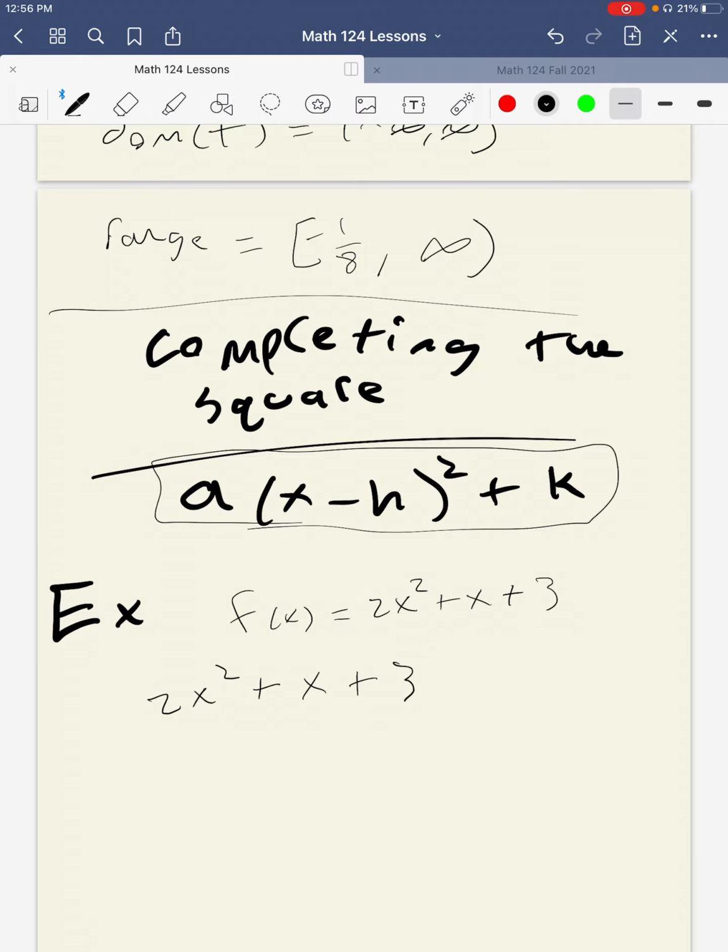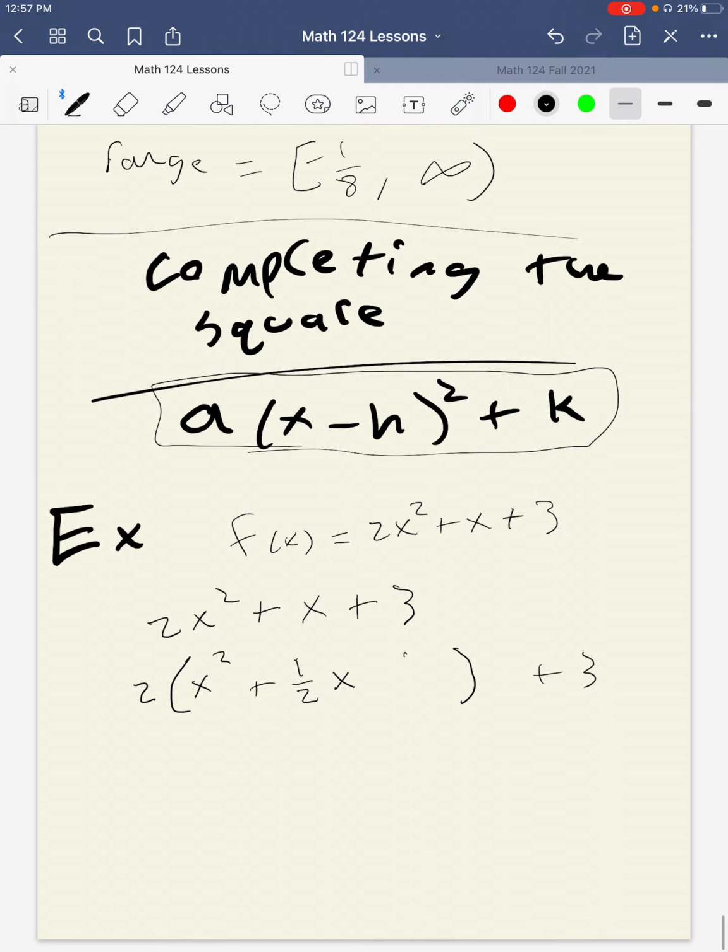So here we have a 2 times the squared term, so I need to pull that 2 out, and then I'm left with x squared plus half x here, okay, and a 3 outside.